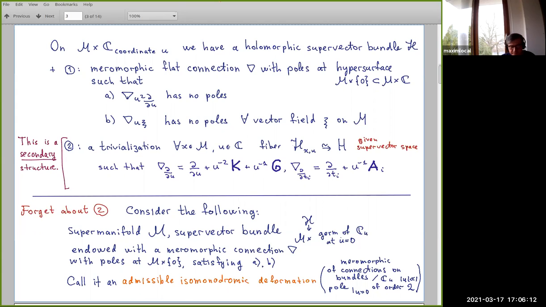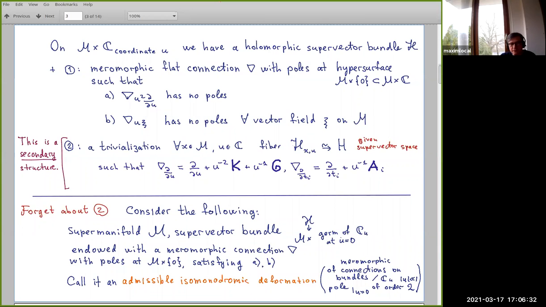So what I also have is a trivialization. It means that for any point on a manifold and for any complex number, I identify my fiber with some given supervector space H, which is at the end of the day the cohomology of my variety when I do Gromov-Witten theory.